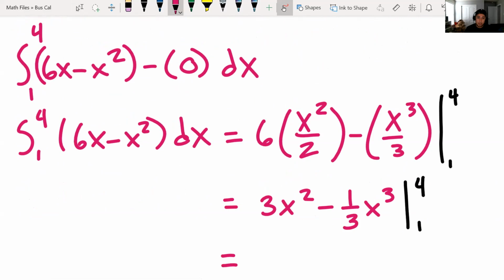Type that in my calculator. Let's see. 3x squared minus 1/3 x cubed from 1, so type in 4. 4, I get 80/3 minus 1, I get 8/3.